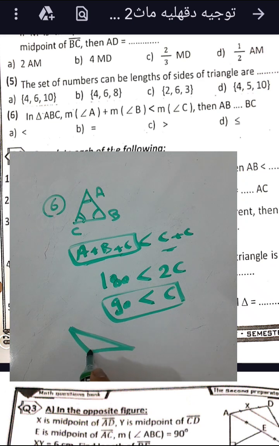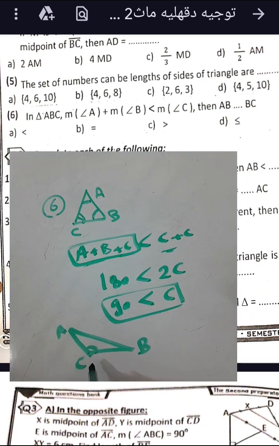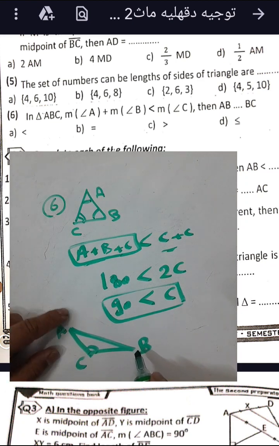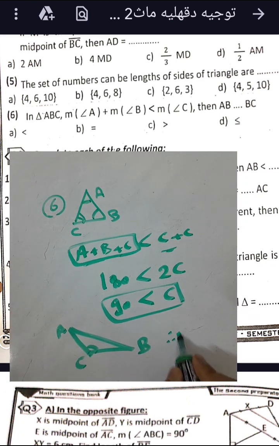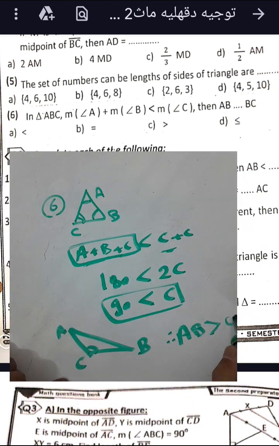It means angle C will be obtuse. Then ABC is an obtuse triangle, so AB will be greater than CB.